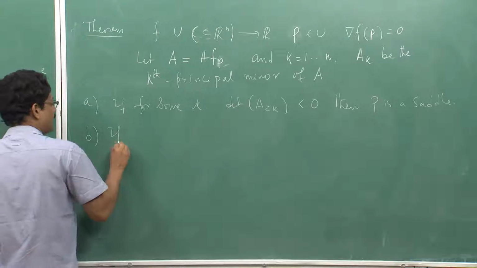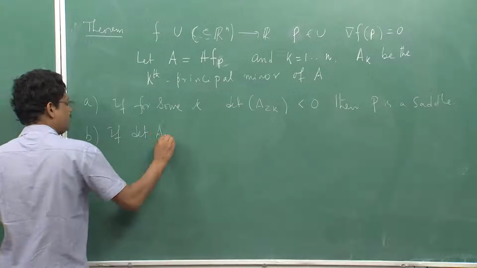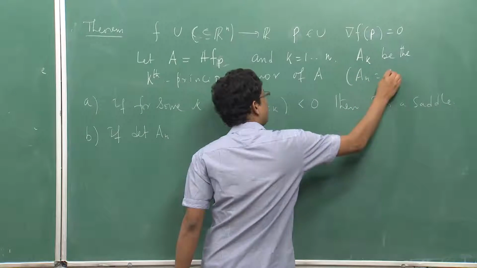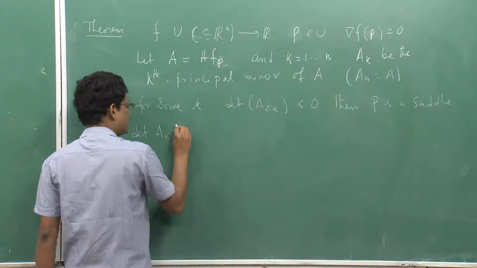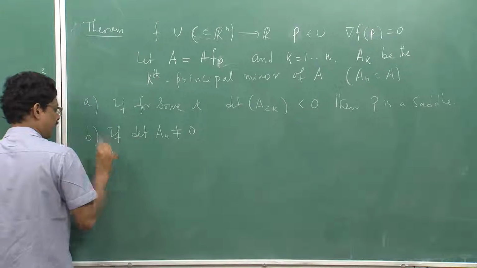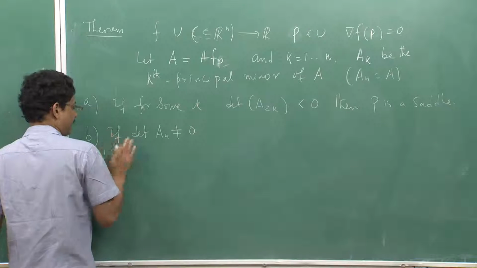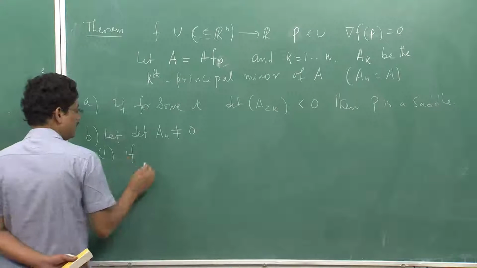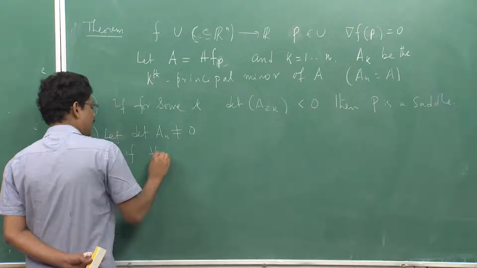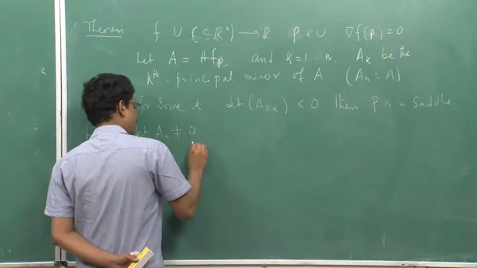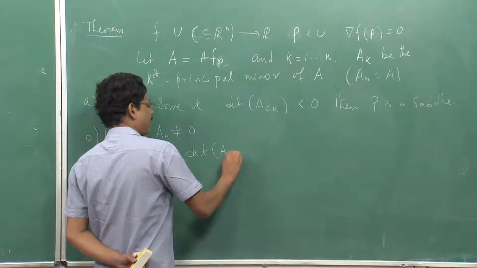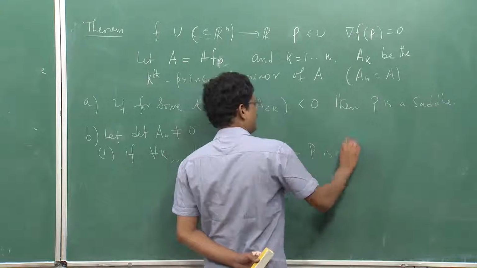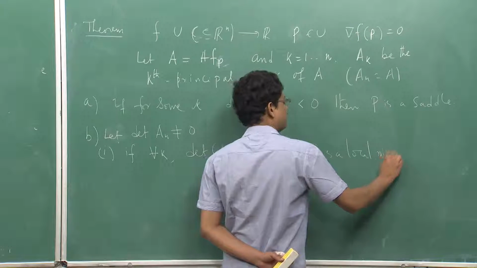B: let the determinant of A_n be not equal to 0, that is, the Hessian has non-zero determinant. If for all k the determinant of A_k is greater than 0, then P is a local minimum.